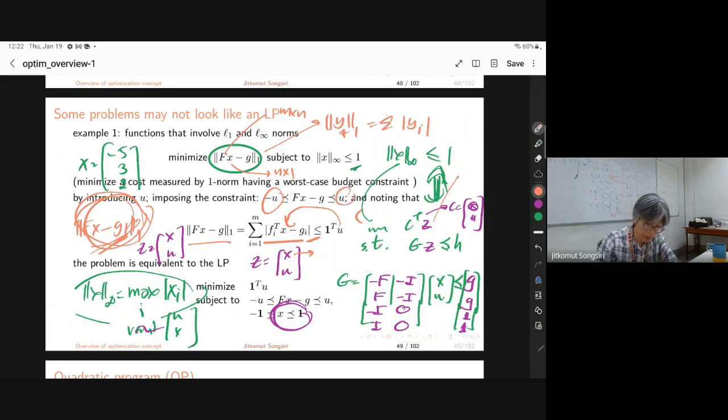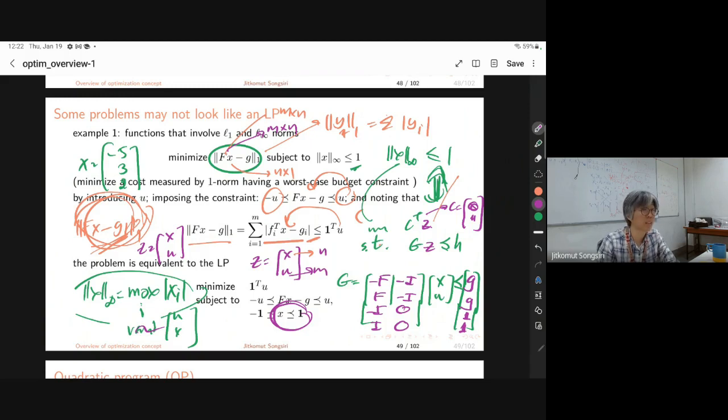U is an upper bound of this vector. F is m by n. So my x has size of n. What about my u? M. So your new variable has size m plus n.